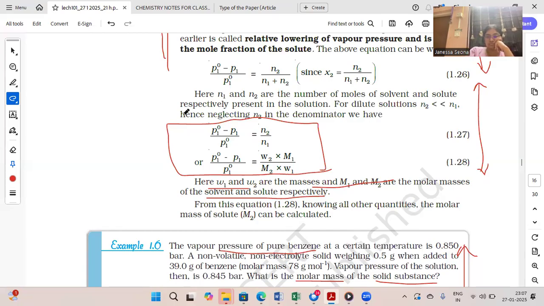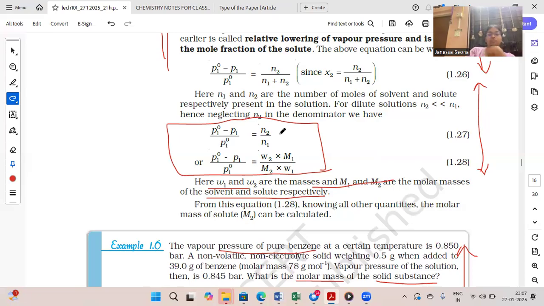See this equation beautifully. P1 naught minus P1 by P1 naught is equal to X2. I told you X2 is mole fraction of solute. Mole fraction of solute means X2 is equal to N2 by N1 plus N2.